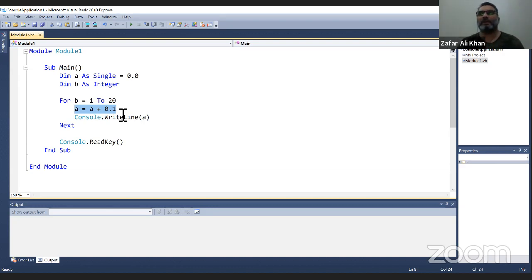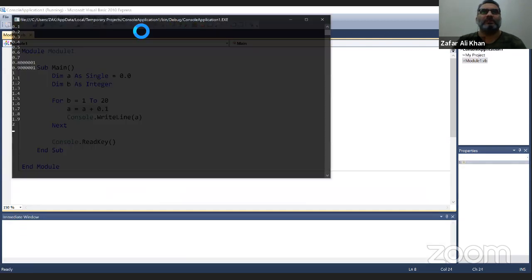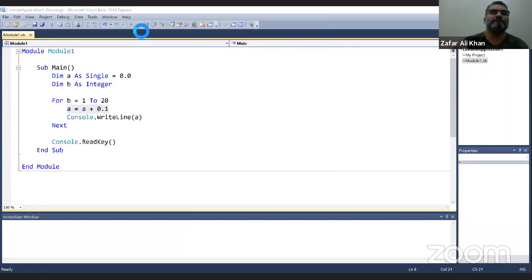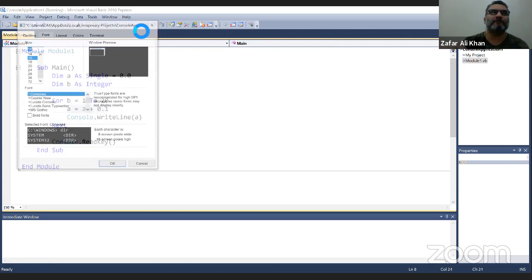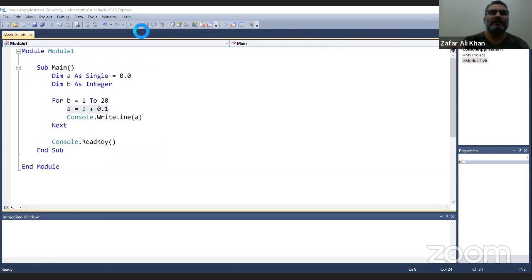Remember, modern programming languages try to make up for this issue as much as they can, but once the error is accumulated to the point that it cannot be dealt with, then it is shown on the screen. Let's see. We can see over here the computer tried to hold it as much as it can, but after 0.7 the error becomes so significant.